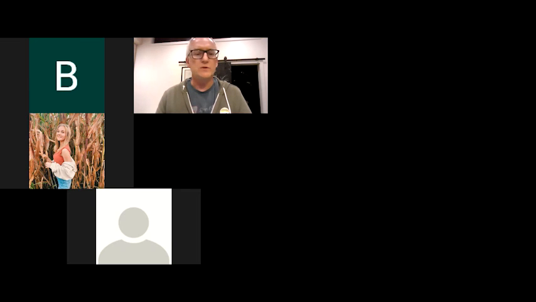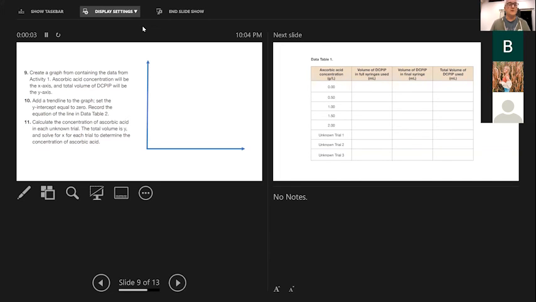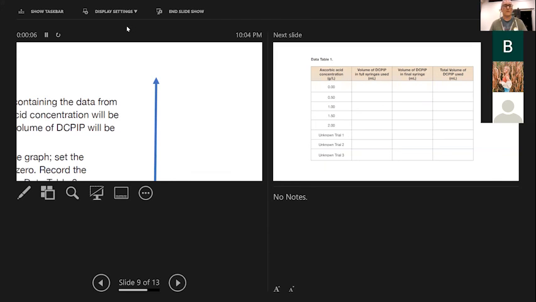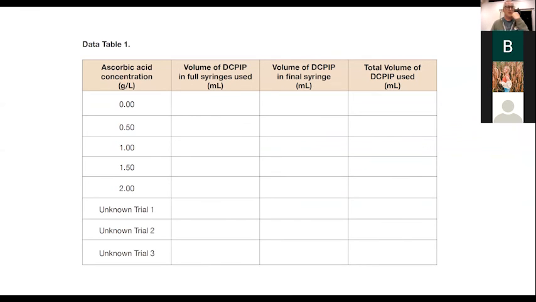So when it's time to do your calculation, this is what your graph is going to look like, right? So here's the data you're going to be putting in. 0, half a gram per liter, 1, 2, 3, and then how much volume you used of the super blue DCPIP.